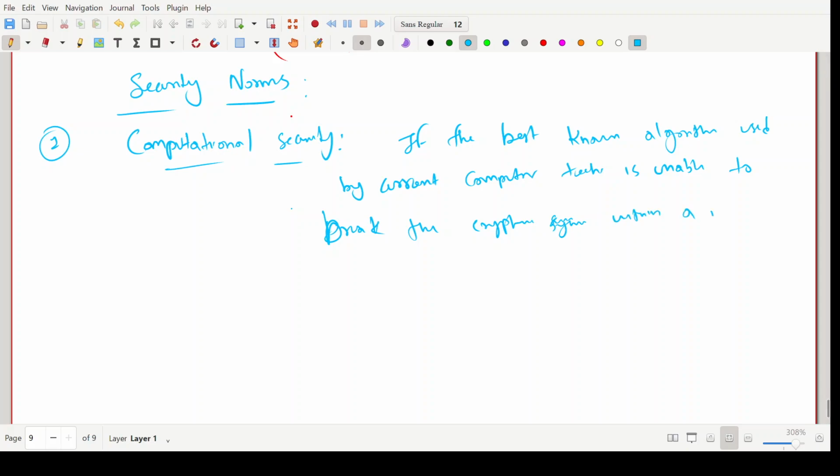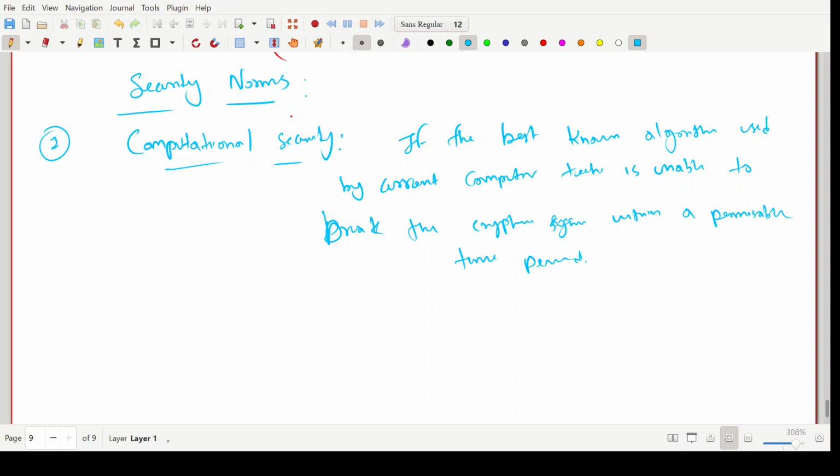It is very difficult to define a permissible period here. Hence, no crypto system is defined to be secure under this definition, because the time period is the main part here.